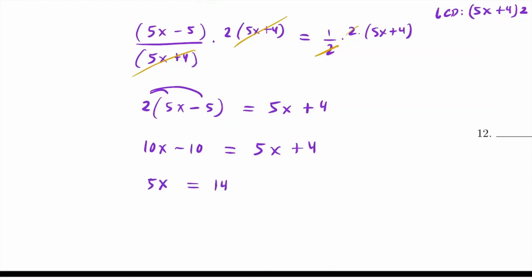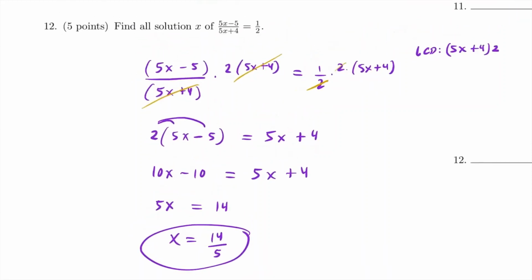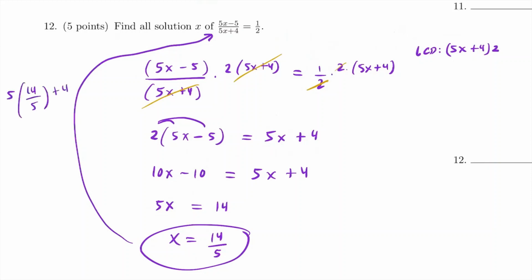That gives me a 14. So x is equal to 14 over 5. Now let's check our answer since this was a fractional equation. Will this number make the denominator 0? We have 5 times 14 over 5 plus 4, and this will give you 14 plus 4, not 0. So this is good. So this is a solution.